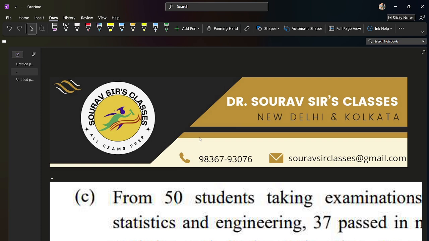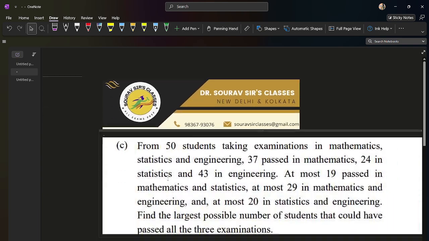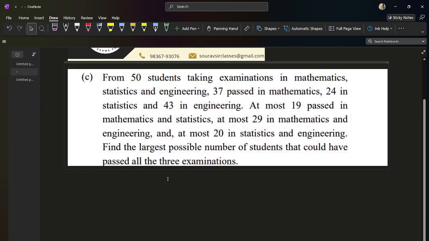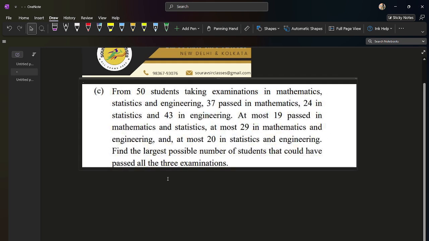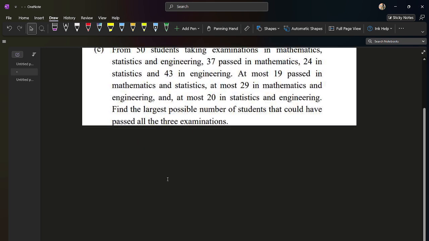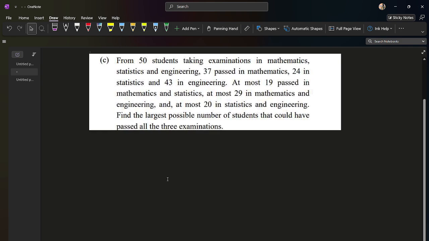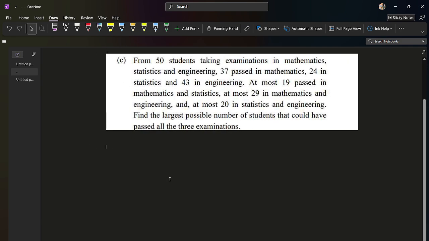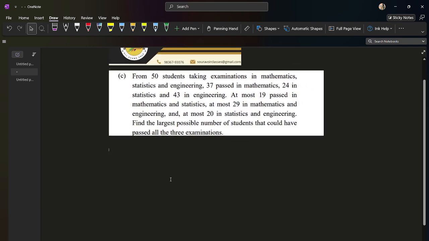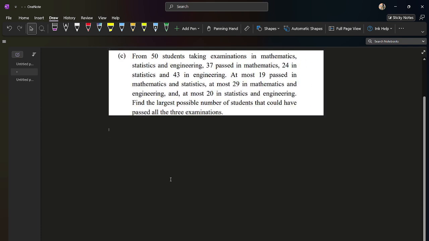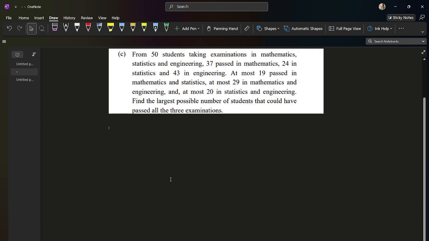Okay, so now we are going to solve a problem of ISI M.Tech QROR, and the question is telling us that from 50 students taking examinations in mathematics, statistics and engineering, 37 passed in mathematics, 24 in statistics, 43 in engineering, at most 19 passed in mathematics and statistics, at most 29 in mathematics and engineering, and at most 20 in statistics and engineering.